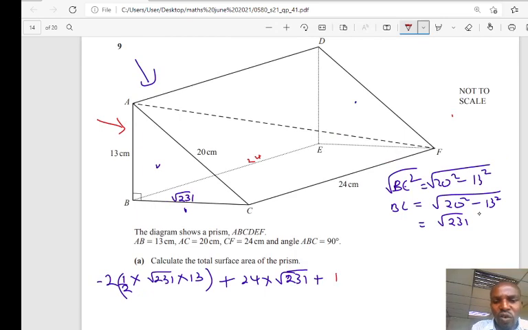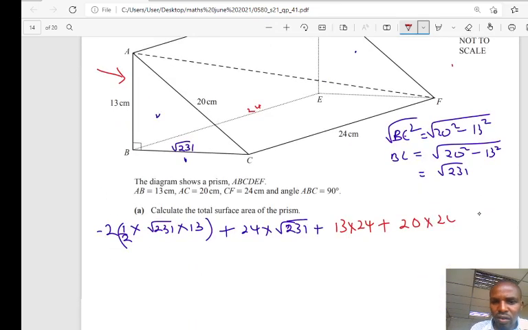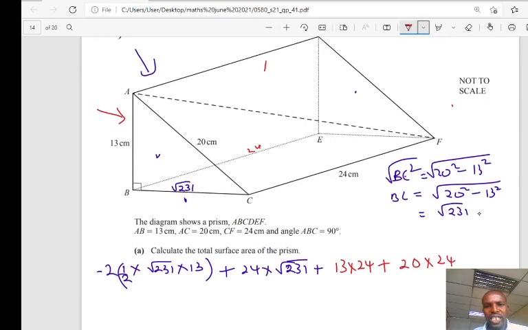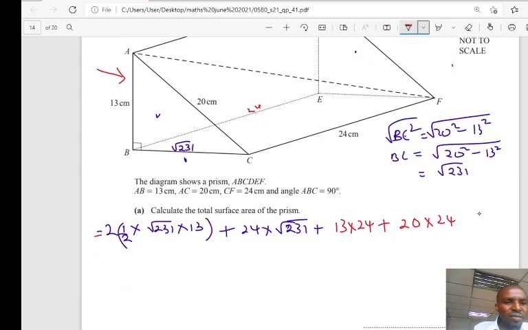So it's 13 times 24, plus area of this face, face ADFC, which is length times width, 20 times 24. Then what else is left in the shape? Triangles, then the base, the outside. So that's the total surface area.